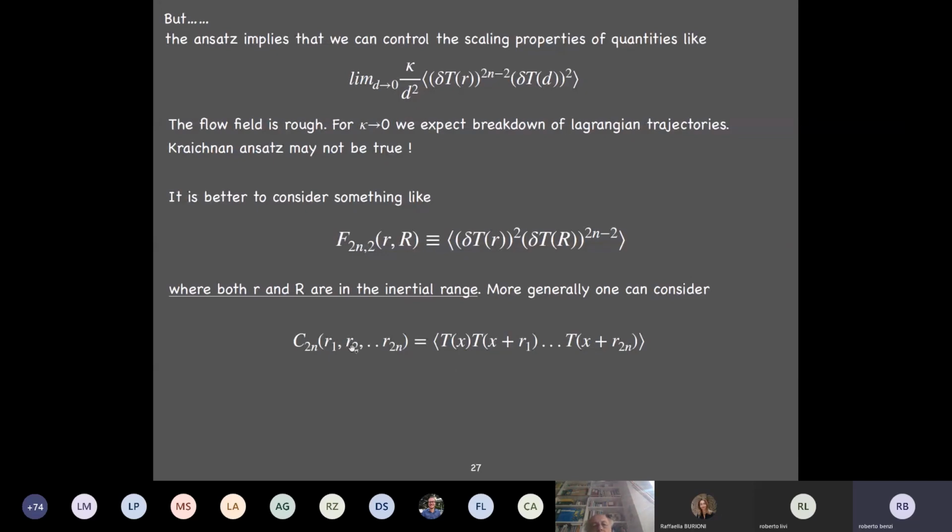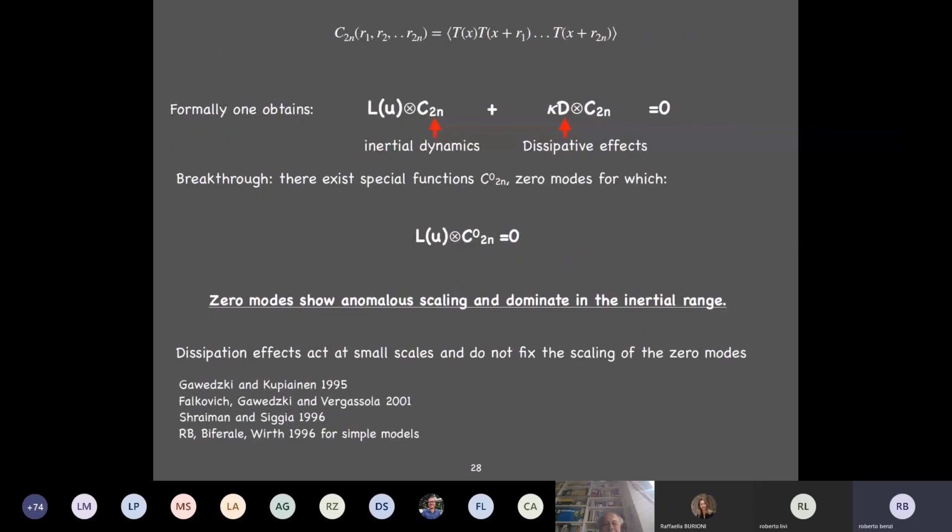And here is where the discovery came through, because when you look at the equation, and I'm now skipping a huge amount of mathematical property, when you look at the equation for this correlation function, then you see that the equation is made of two terms. One is due to the transport of the velocity field, this one here, and one depends on the viscous, on the dissipative effect.